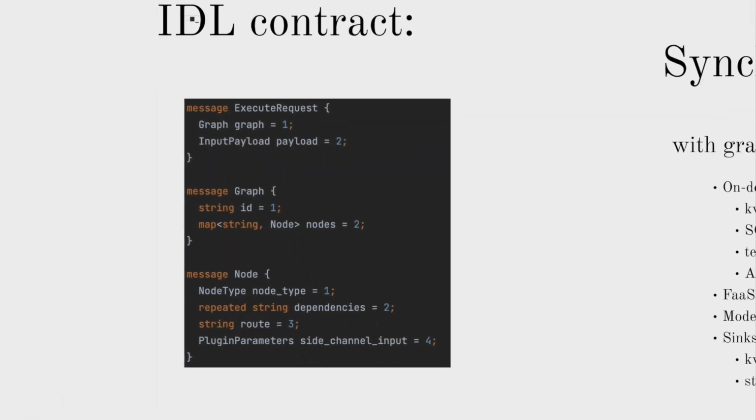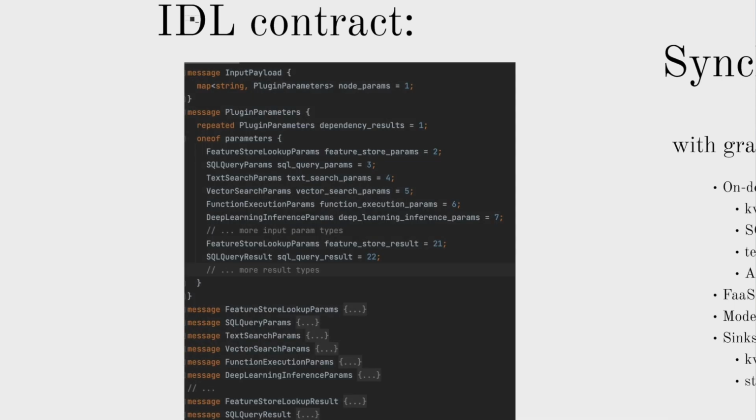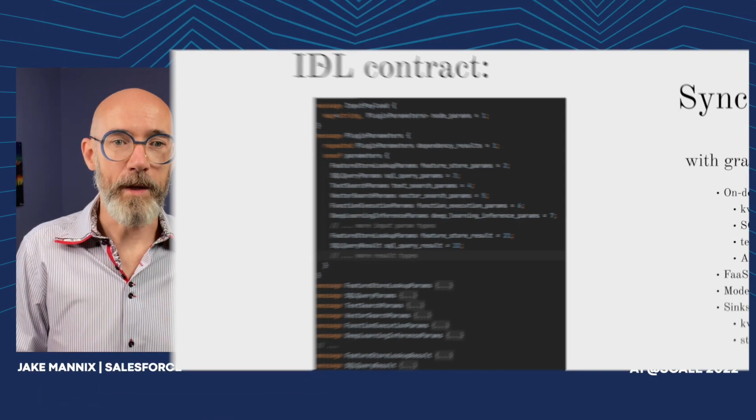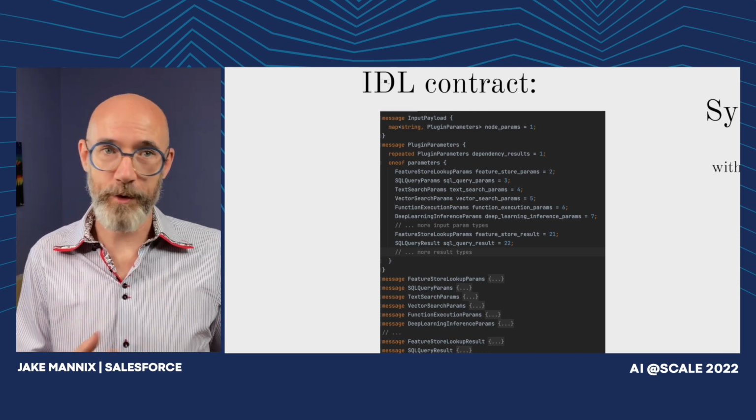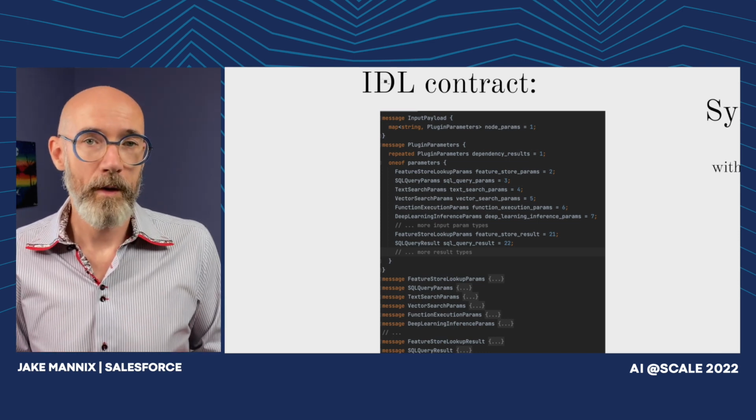The input payload is also strongly typed for each of the node types. So basically, each node type has the form of a full gRPC microservice directly. They have an input parameter type, so the feature store node has the feature store input protobuf as its input, and it returns a feature store result as its output.